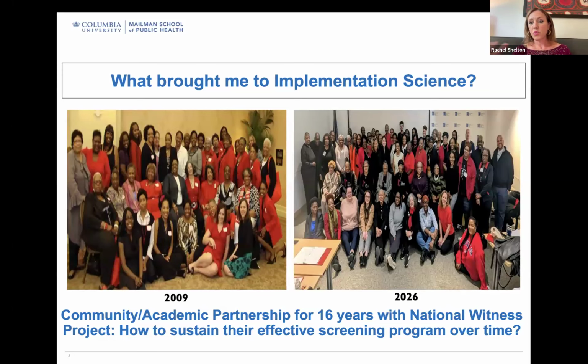They had been in place for 20 years at that time, and they had disseminated the program to 40 states. There were 40 programs across the country. And around the economic downtime, they had lost half their programs. So they said, if we partner and do research together, we really want to focus on issues of how do we support and sustain our programs. So they really brought me to the field of implementation science to try and understand how to answer that question.